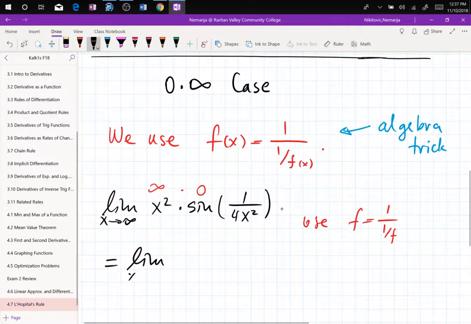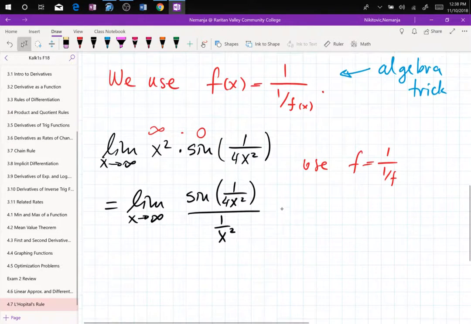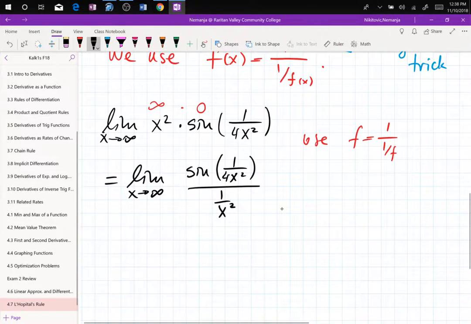Now, guys, this is not L'Hopital's rule. This is algebraic manipulation, right? So this is sine of 1 over 4x squared divided by 1 over x squared. Observe that I did not put L'H, because, as I said, this is algebraic manipulation and has nothing to do with L'Hopital yet.